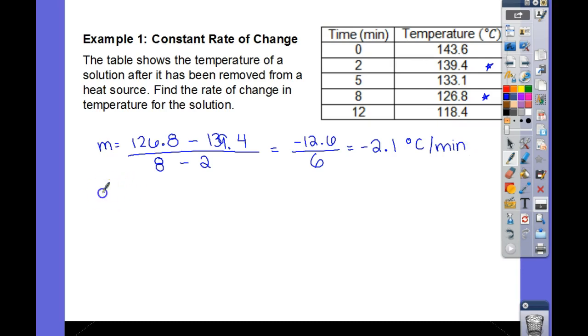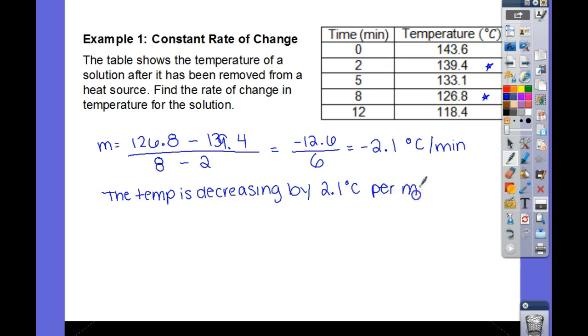So putting your slope or your rate of change into words, understanding what is being asked.